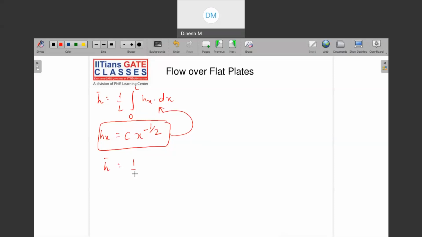Then h bar is equal to C upon L, and what is this value, x to the power minus 1 by 2 plus 1?